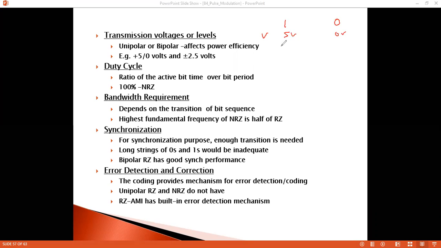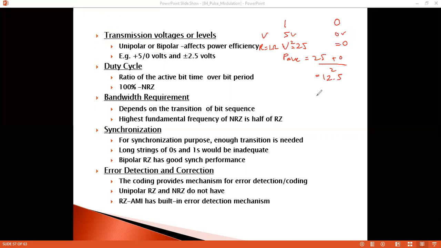To transmit bit 1, it's V squared, assuming R equal to 1 ohm, so 25 watt. And this one, 0 watt. So what's the average? It's 25 plus 0 divided by 2, which is 12.5.